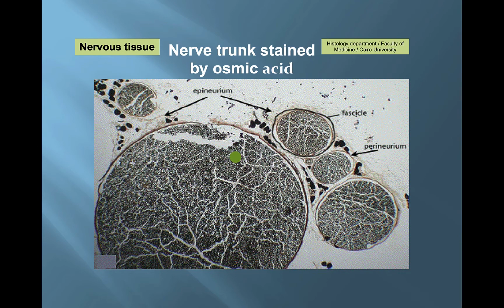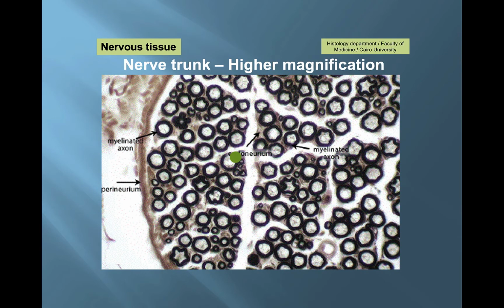of the nerve fiber. If you look at the high power, you can notice the black rings representing the myelin sheath stained by the osmic acid. The osmic acid dissolves in the myelin sheath and gives it the black coloration. And in the center we have this empty area representing the site of the axon or axis cylinder.